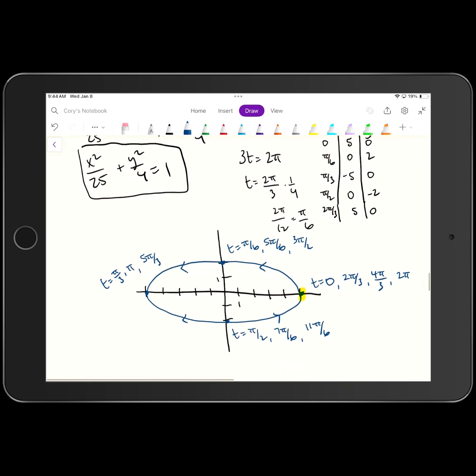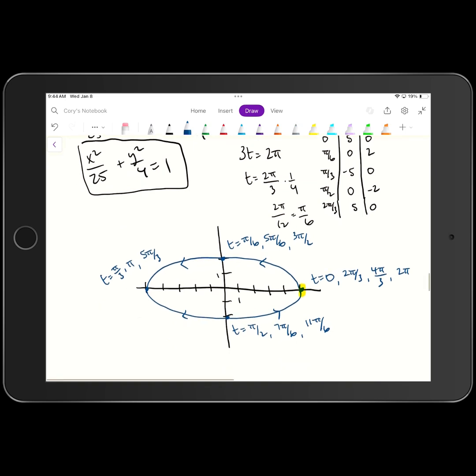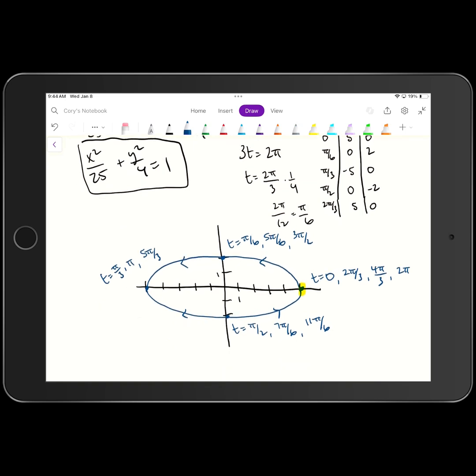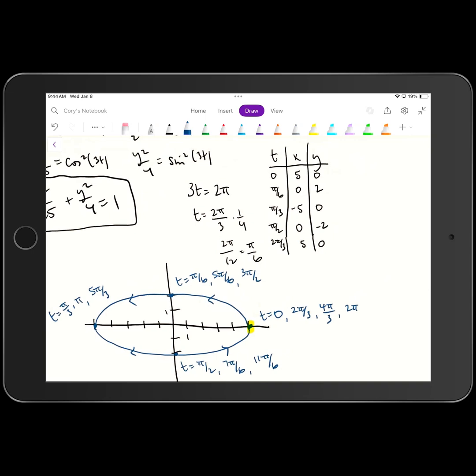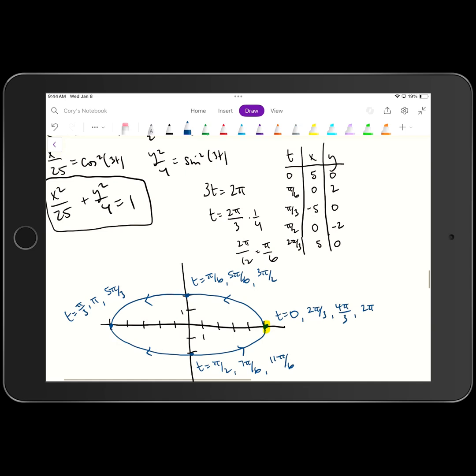Okay, now if you blindly didn't take into account the fact that the period is going to change, and you did what you did in the previous example, where you took the interval from 0 to 2 pi and broke it up like so, 0, pi over 2, pi, 3 pi over 2, and 2 pi, you're going to get misled.